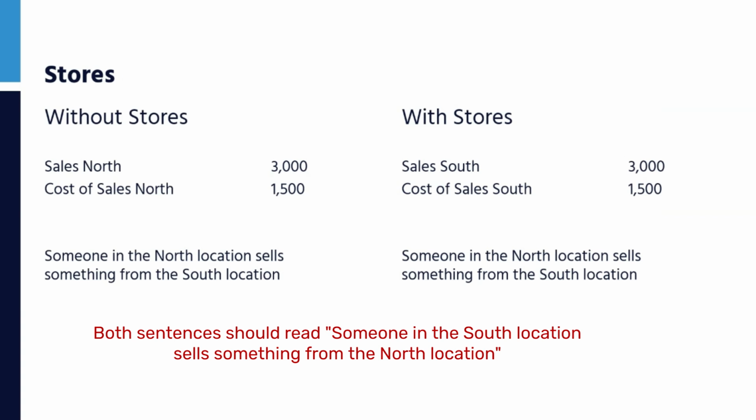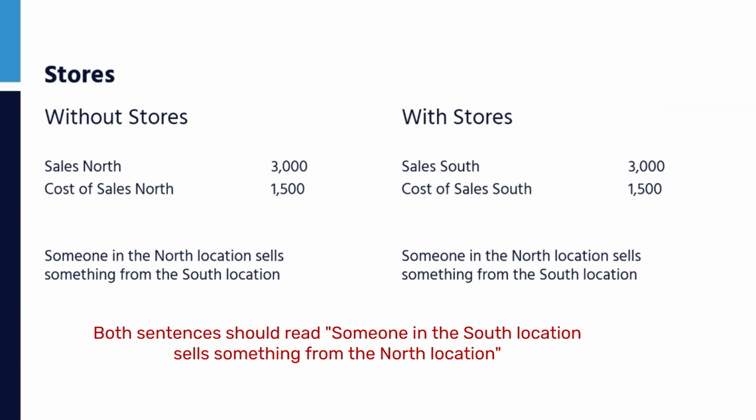Here is a little bit of an example of what would happen without stores versus with stores, using the example I had previously. If I'm in the north location and I want to sell something from the south location, then normally what would happen is, actually, sorry, I've just described that example incorrectly on the slide.